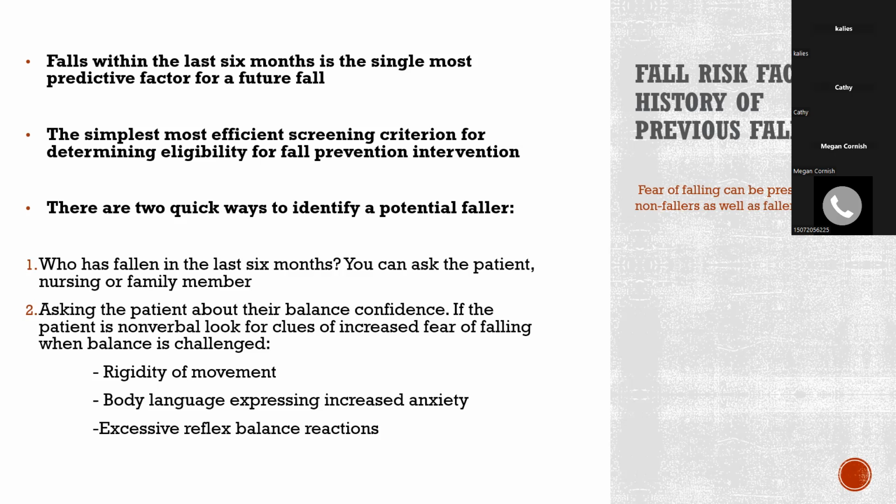If an individual is nonverbal, or maybe they have a cognitive impairment that's impacting their safety, their behavior rationale, and perhaps impulsivity, some key things we can look at is rigidity of movement, expressed anxiety and body language, or excessive reflexive fall reactions. So this is that individual who maybe when you pass by them in the hallway, they grip their walker really, really tightly, they get really rigid and firm, and they stop walking.